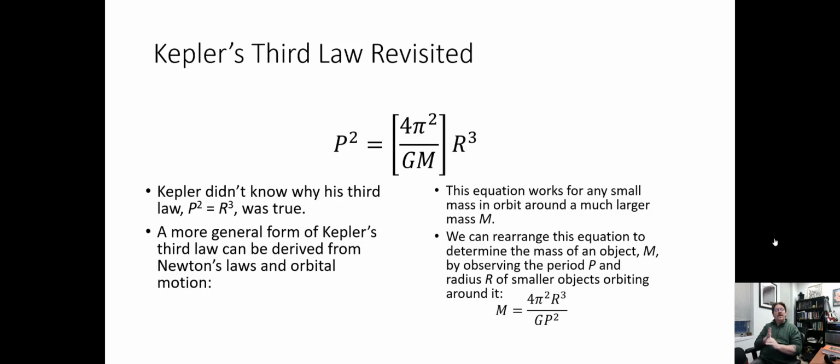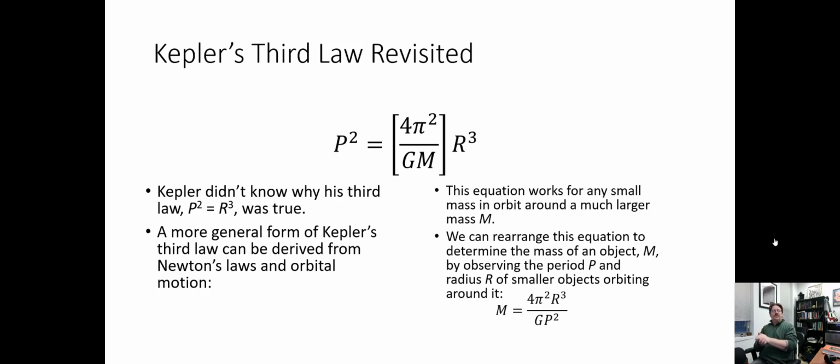While it was not originally designed to do this, you can get the gravitational constant from it. 4 pi squared is a mathematical constant. We know what the period of the Earth's orbit is, obviously, 365.25 days. And because of the transit of Venus, we know what the radius of the orbit is. We know the distance between the Earth and the Sun.